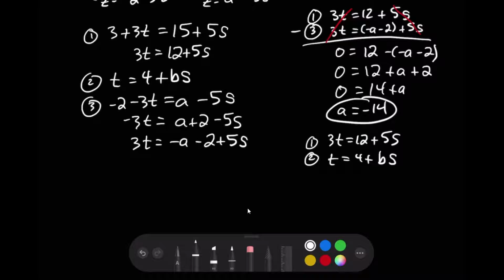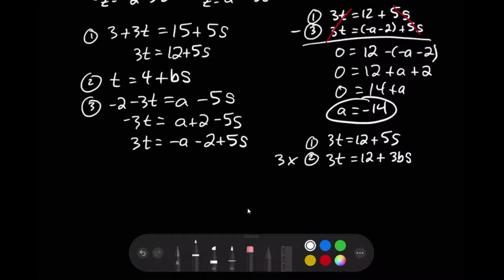I'm going to multiply equation 2 by 3 so I have a variable that can be eliminated. So 3 times equation 2 is going to be 3t equals 12 plus 3 times bs, so I can just write 3b times s. All right, that looks workable.